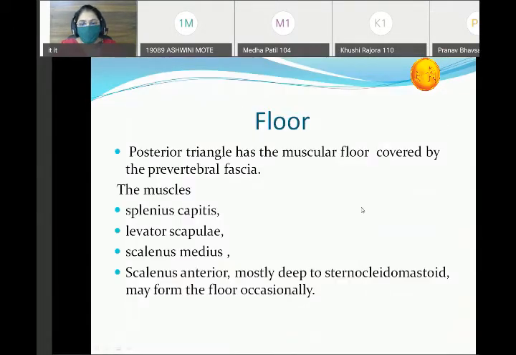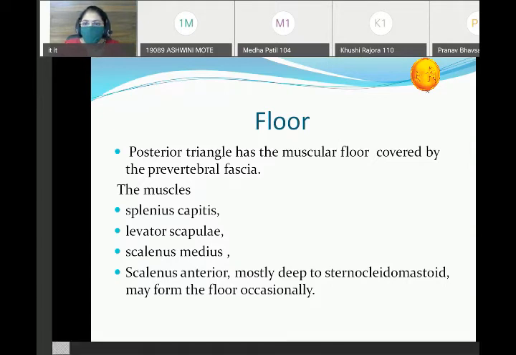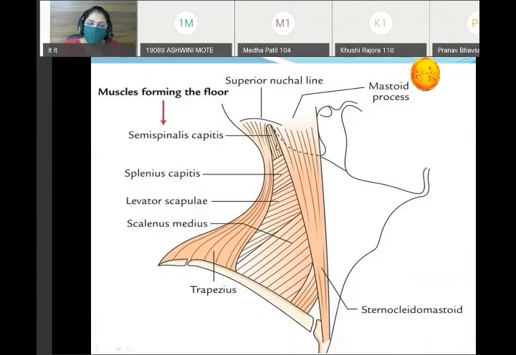The floor of this triangle is formed by the muscles covered by the prevertebral layer of the deep cervical fascia. So in this figure you can see all the muscles from above downward.